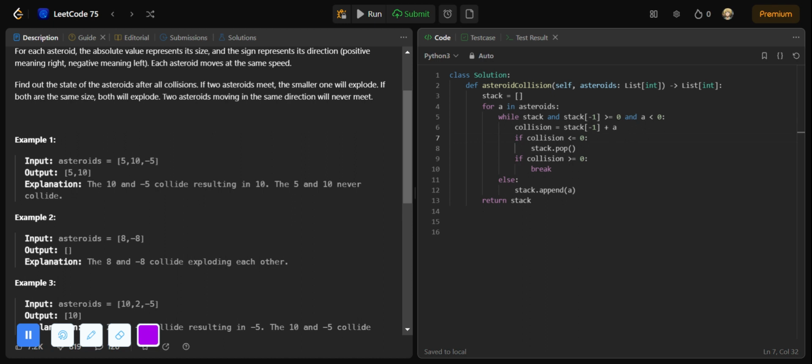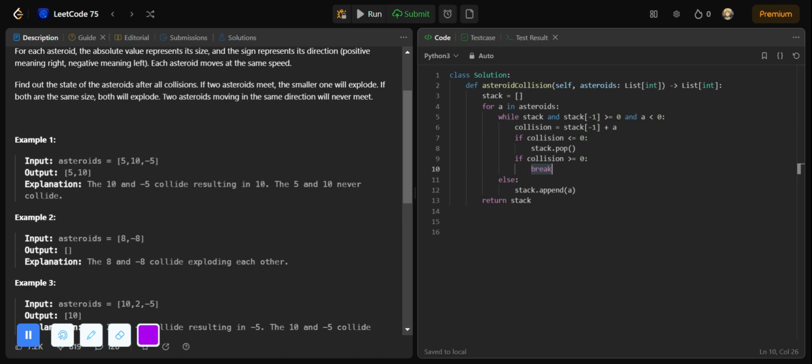It may be equal, but both times we pop from the stack. Whenever the element we're traversing has greater magnitude than the top of the stack, we pop it, and otherwise we break.